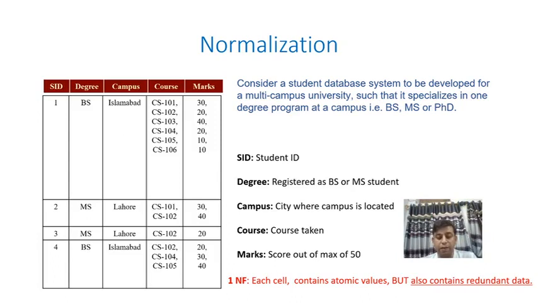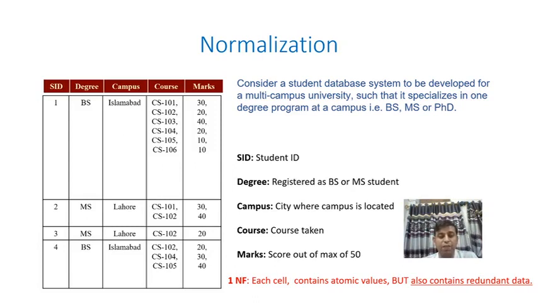So the first NF, first normal form, is defined as each cell contains atomic values. Each cell in the table must contain an atomic value. And the second part of the definition reads also contains redundant data. Means although there is some redundant data in the table, each cell in the table must contain the atomic or single value.